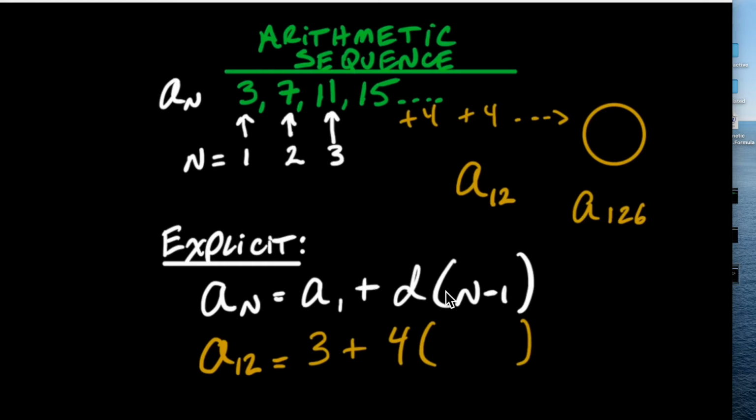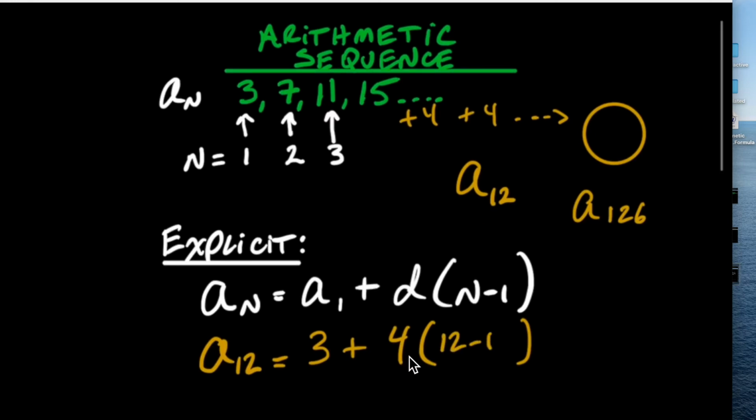So here, they're not looking for a value. You don't see the letter a here. Here they want the actual slot number. So if we're going to use n minus 1, we're going to use 12 minus 1, or 11. So the value at position 12 is going to be 3 plus 4 times 11, which is going to be 47.